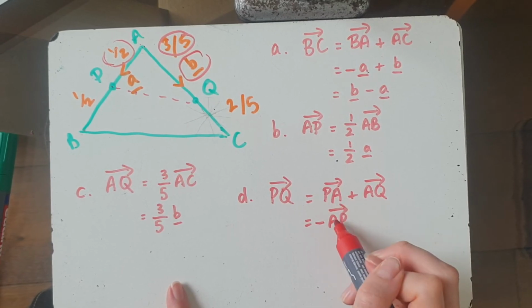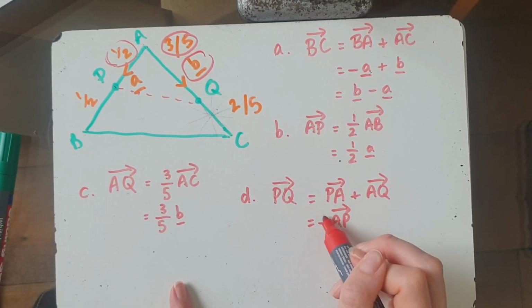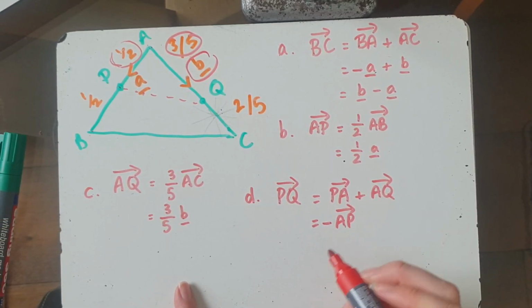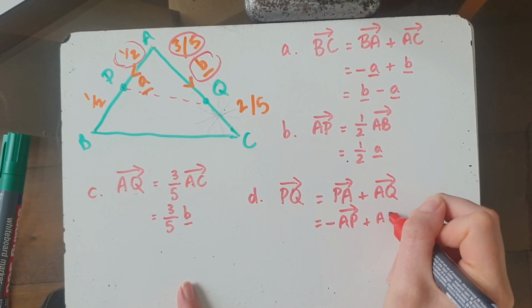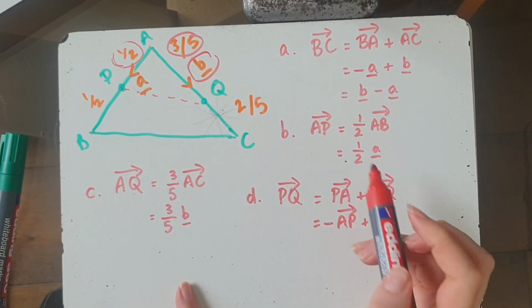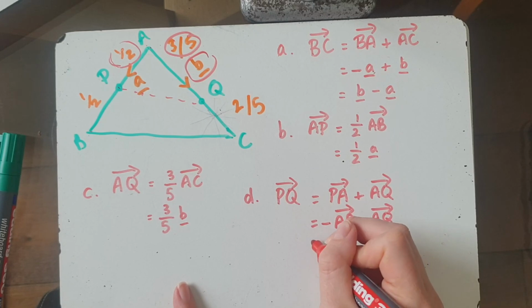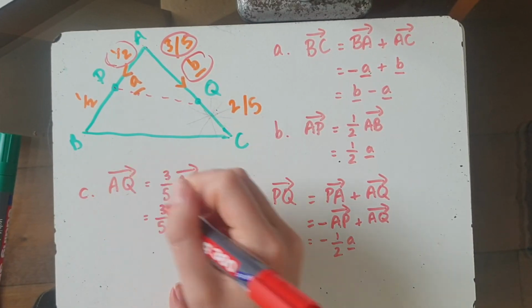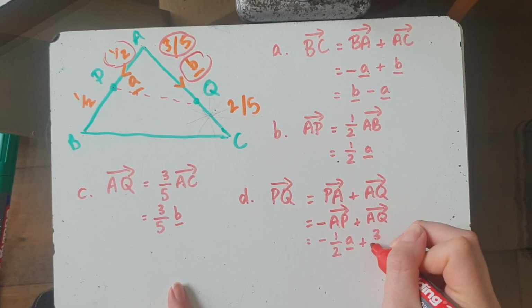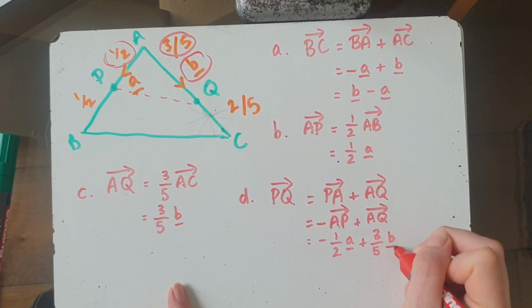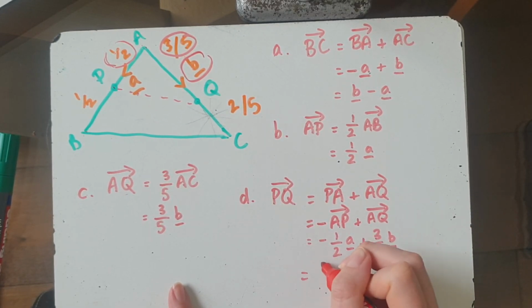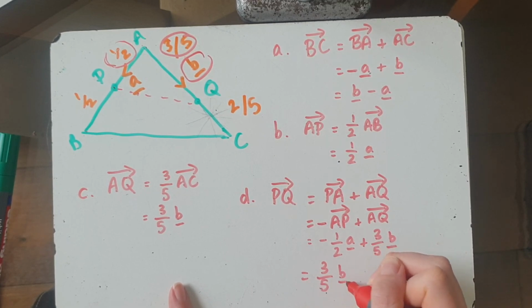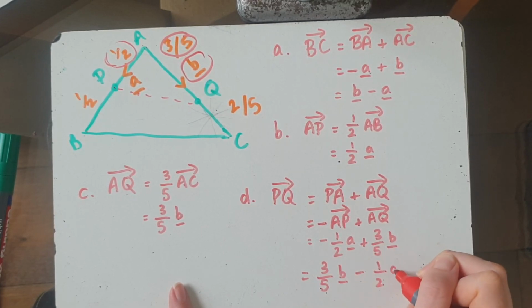If you switch the letters, or you switch the direction, it makes it negative. AP is a half a, so it's negative a half a. AQ is 3/5 of b. So it will be 3/5 of b minus a half a.